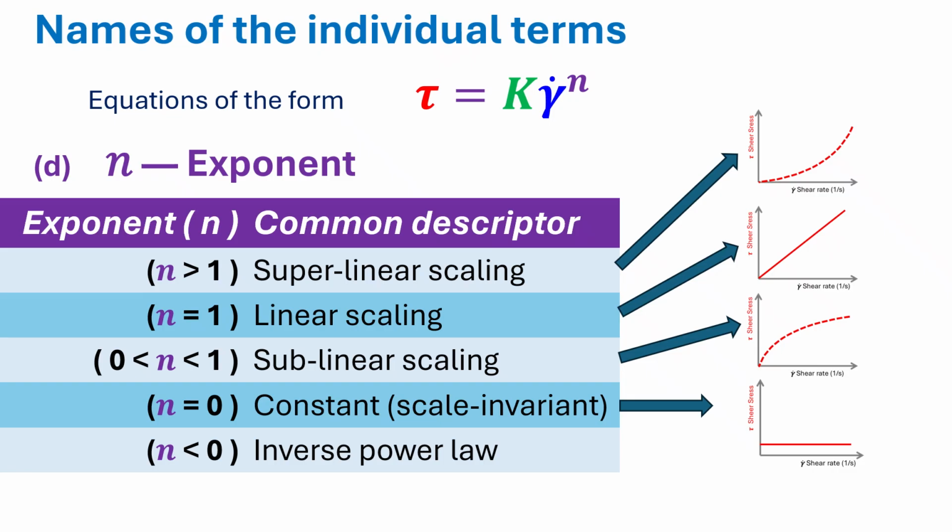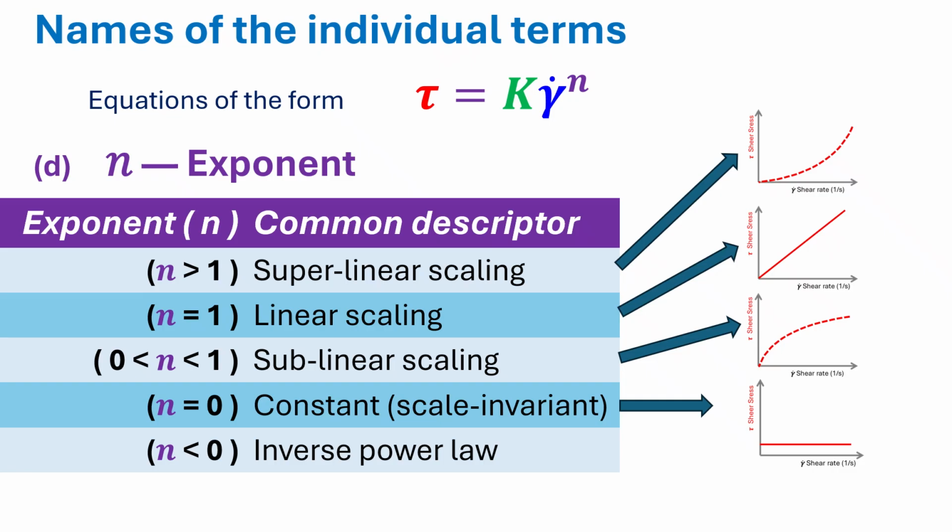It starts going upwards and inflecting up, and it will go on forever basically. When n is equal to 1, we have that Newtonian scenario, a nice straightforward straight line, very simple to understand.